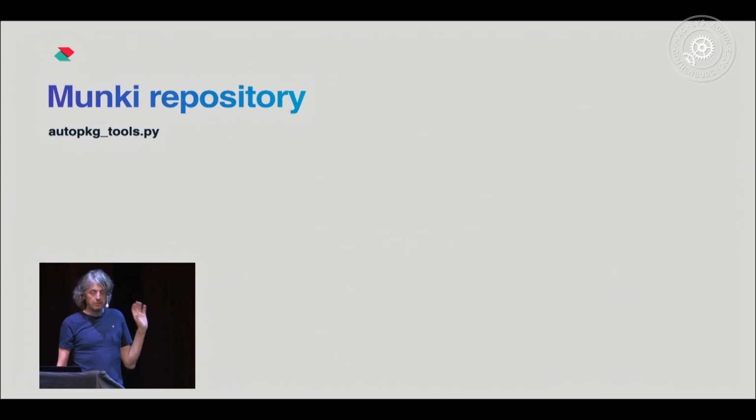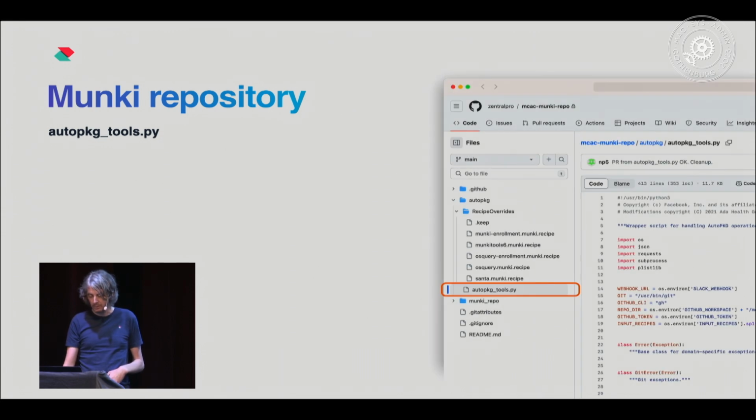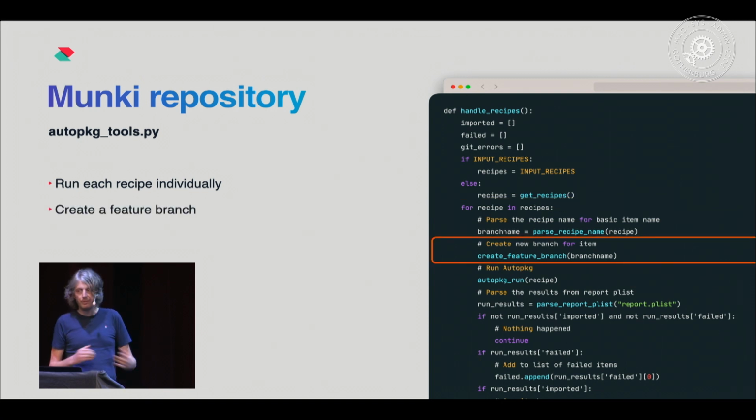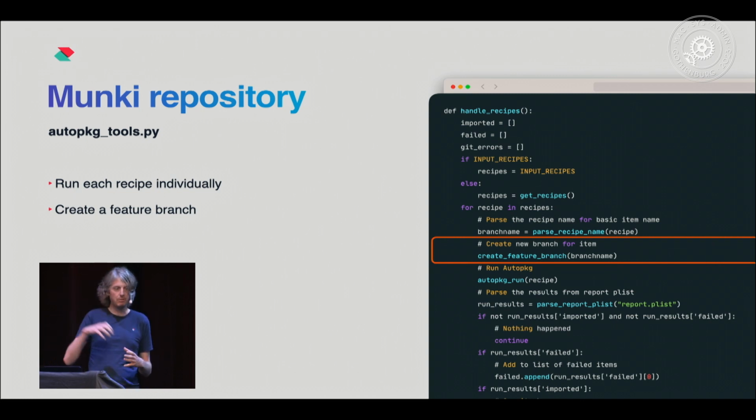So we need to orchestrate AutoPkg, and this is where the tool from Facebook comes into play. So what does it do? The most important thing is that it runs each recipe separately. So we loop over all the recipes that are found, and before we run the recipe, we create a branch. You have to understand that we are actually going to put the full repository into Git using Git Large File Storage.